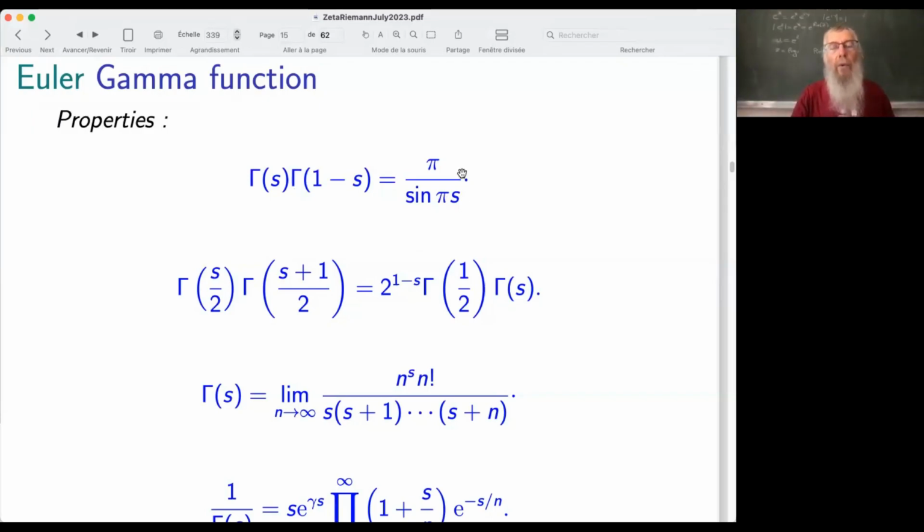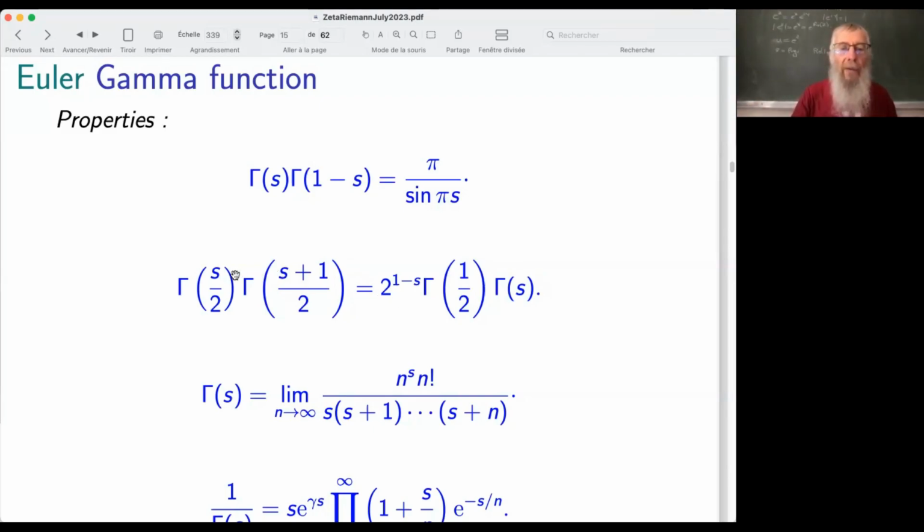If you compare the zeros and poles, you see that the two functions have the same zeros and poles, and then you take some limit for s to see that the coefficient will be pi. There could be an exponential, because when two functions have the same zeros and poles, the quotient is the exponential of a function, but there is no exponential here. One way to see that is to look at the growth of the function.